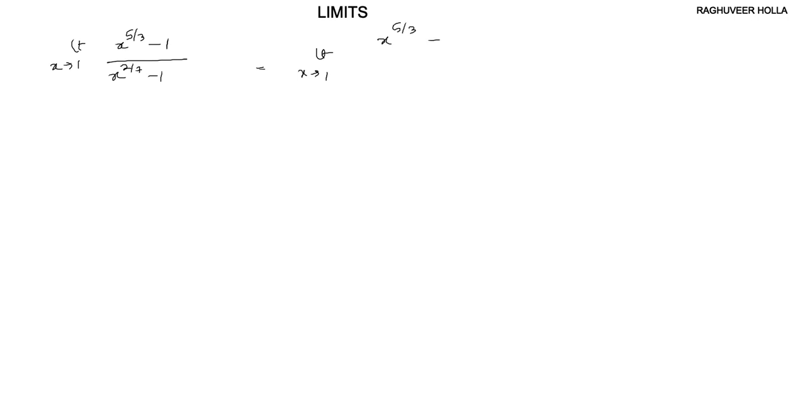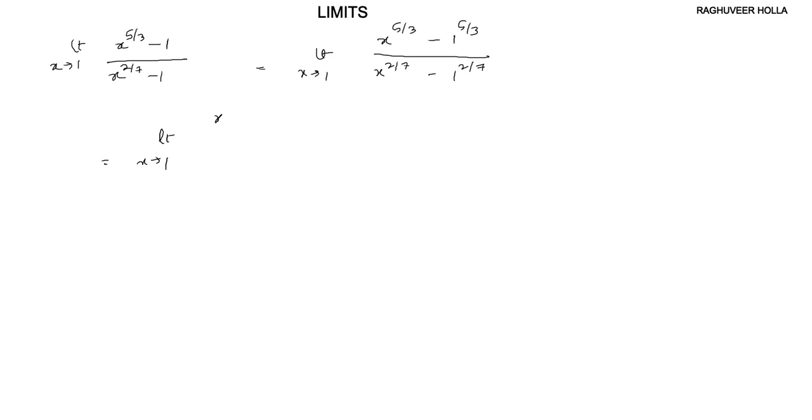Now this I can write as the limit as x tends to 1 of (x to the power of 5/3 minus 1 to the power of 5/3) divided by (x to the power of 2/7 minus 1 to the power of 2/7), right?